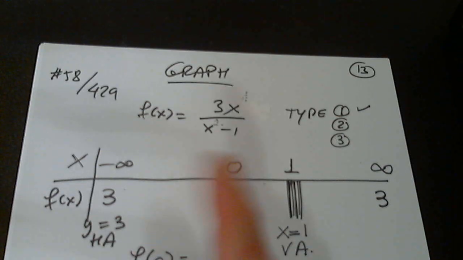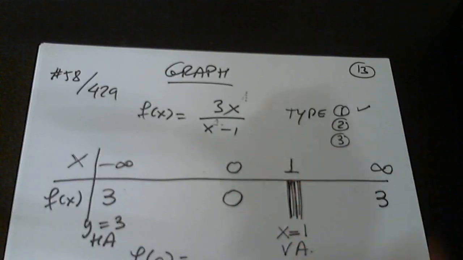Zero. Exactly. 0 over -1 is 0 indeed. I need one more thing here.